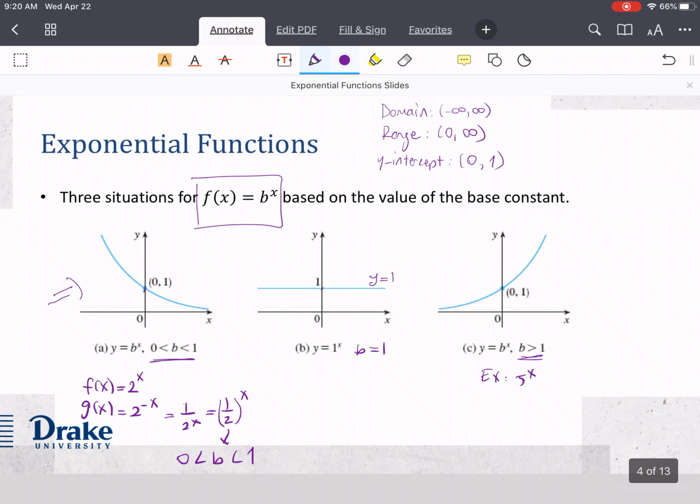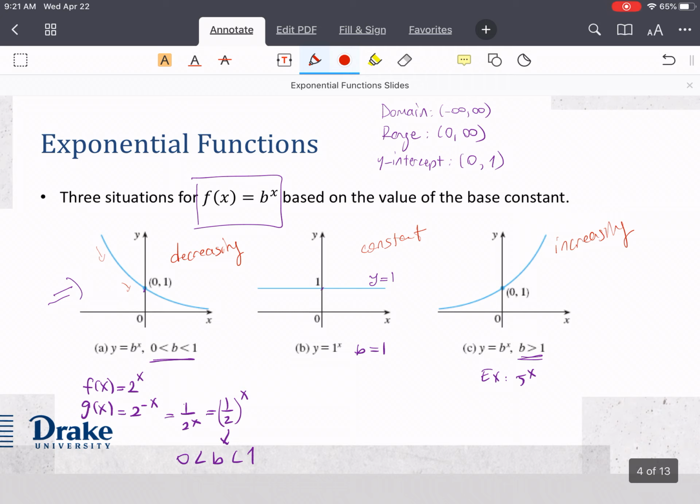You realize the diagram on the left, when it is a negative exponent or when b is between 0 and 1, the function seems to be always decreasing, right? And with the opposite situation, when b is greater than 1, the function is always increasing. And then this function is always constant. So that's another thing we should keep in mind.